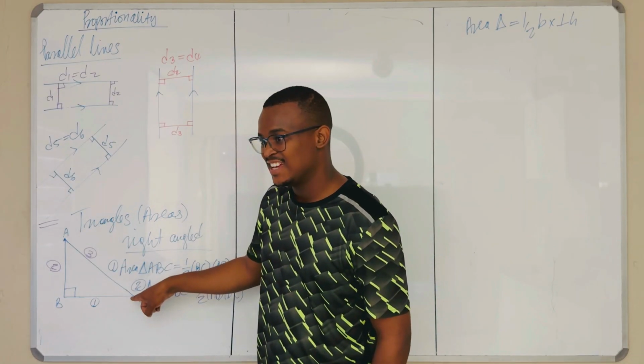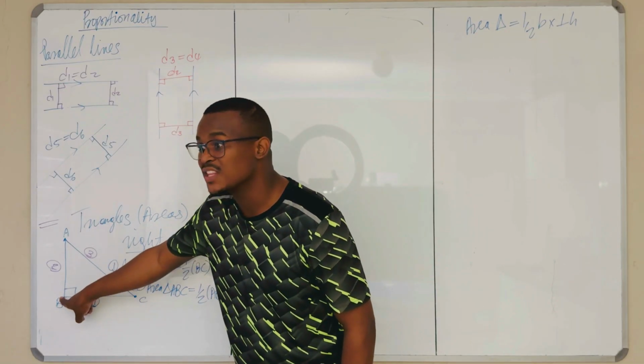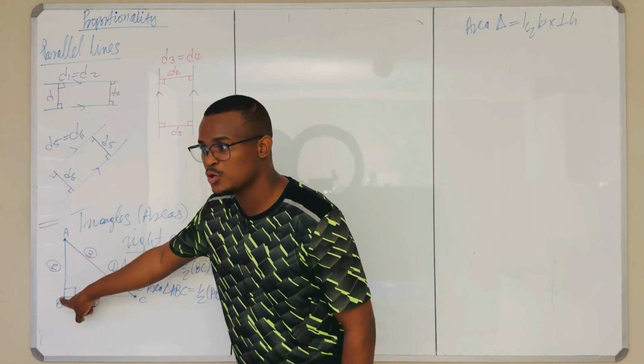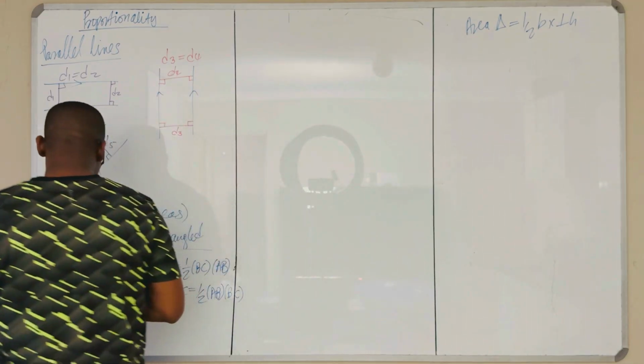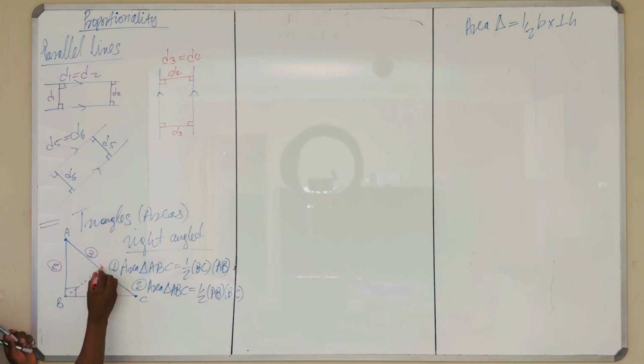Yes. So if you're calculating the area of this triangle, it will be your base, which will be your AC. Now your perpendicular height should be starting from somewhere to the third vertex. Yes. So your perpendicular height will be a line perpendicular from the third vertex. In that case, we can say maybe this is D, where the perpendicular is found on that line.